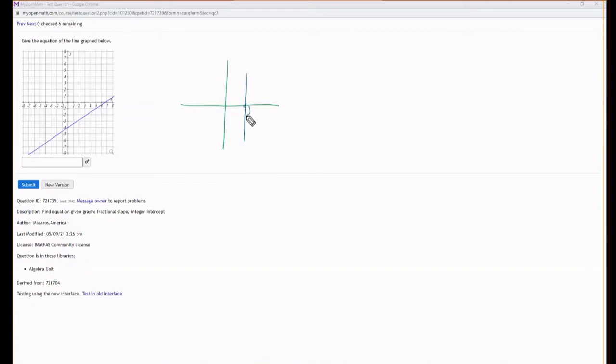So every point on this line has an x value of 3. I can write an equation of this line by just telling you the x value. Any y value is an option. As long as it has an x value of 3, it's on this line. If it doesn't have an x value of 3, it's not on the line. So the equation will just look like x equals 3. So that's what we do for vertical lines.